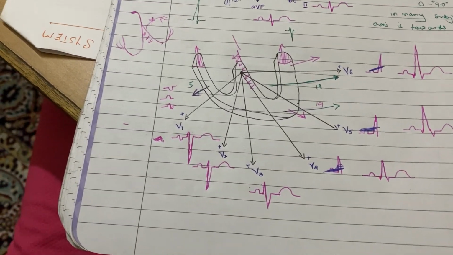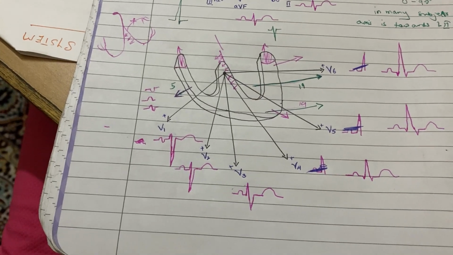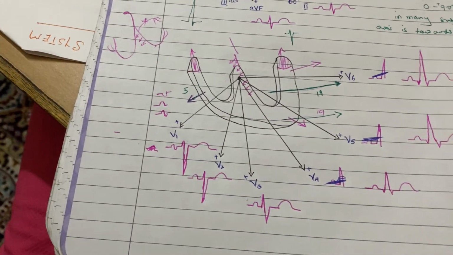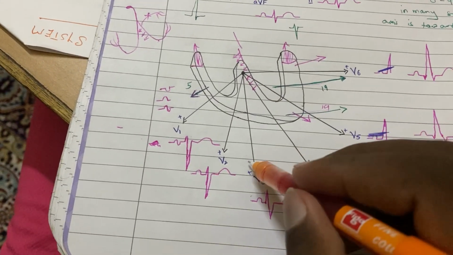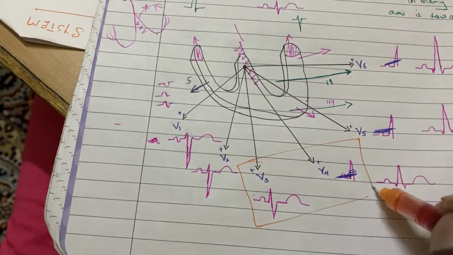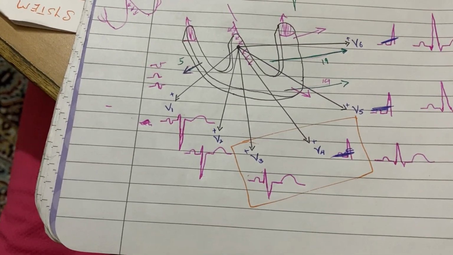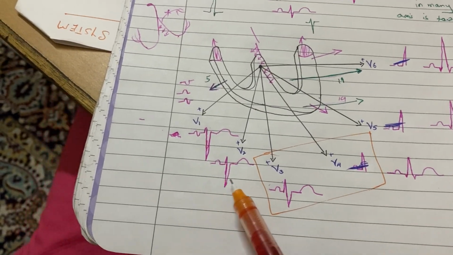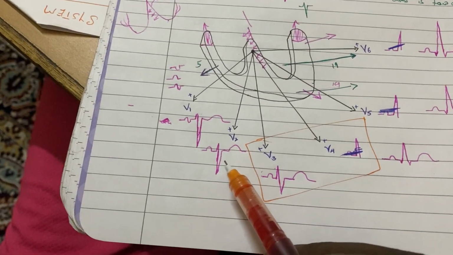And what if the exchange zone happened somewhere where S and R are equal? It can happen in any of these, V3 or V4, it is called the transition zone. If transition happens in V2, that is early transition.